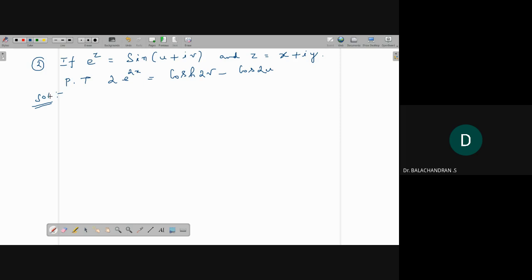Solution. So what I told yesterday, you need to first see what is given in the statement: e power z equal to sine of u plus iv. This is given here. Is that equal to x plus iy? Okay. So now on the right hand side, you can write sine of a plus b, sine a cos b plus cos a sin b.